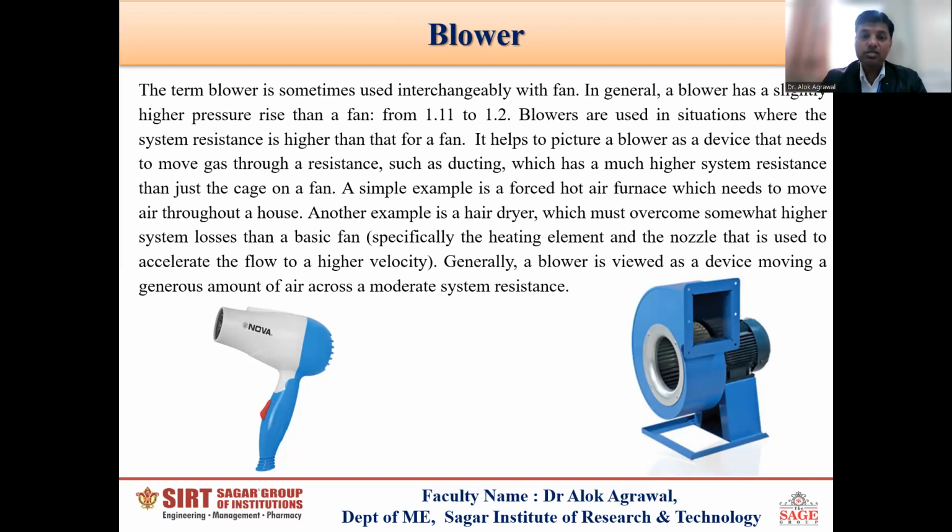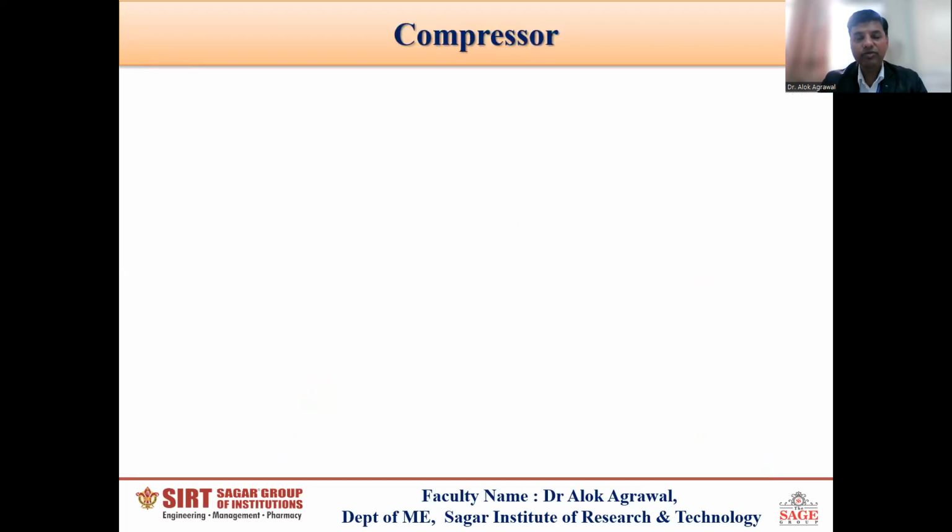So generally there is a nozzle. You can see here a nozzle. So the resistance increases, and to overcome the losses that happen in blower, we have to increase the pressure much further so that it will be compensated. The third category of machine is compressor, which is most widely used in the industry.